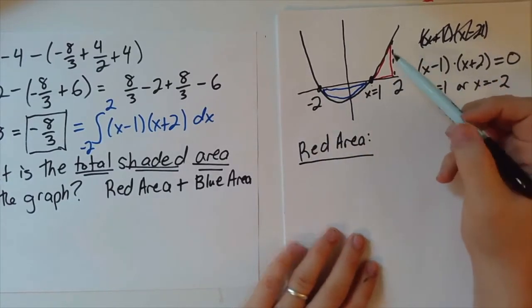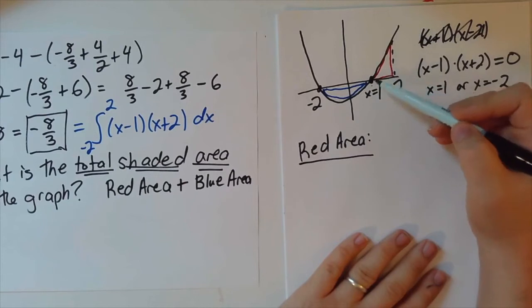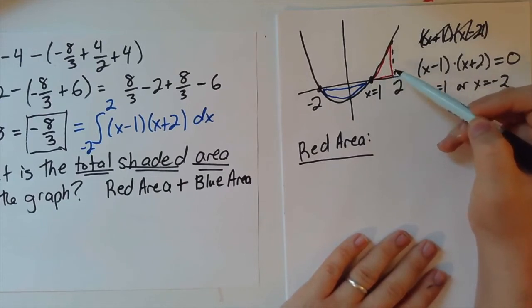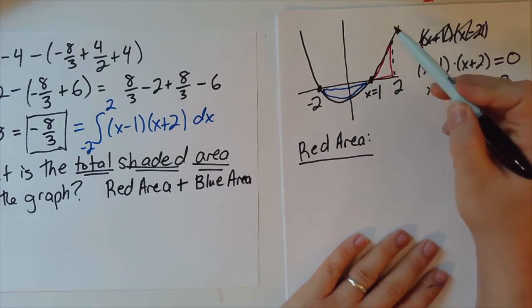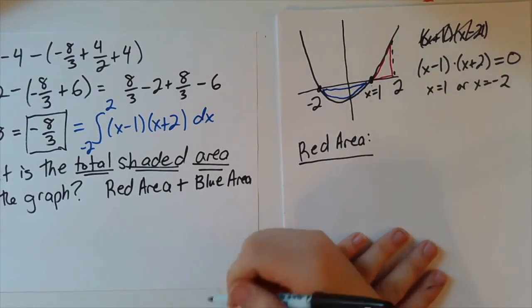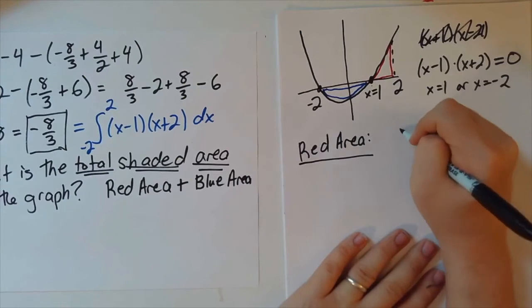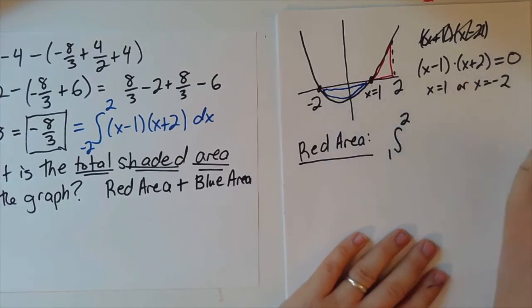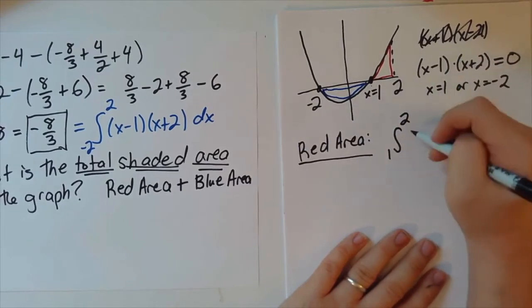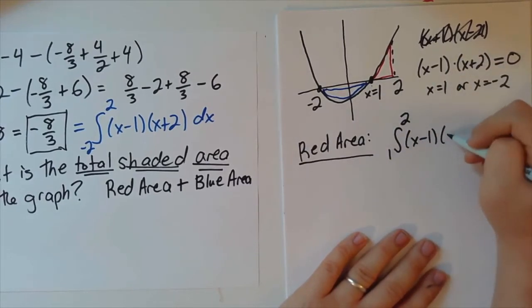The red area is the area between the x-axis and the graph, and it's above the axis, which means that I can count this area just using a single definite integral. Namely, the red area is going to be exactly the integral from 1 to 2 of (x minus 1) times (x plus 2).